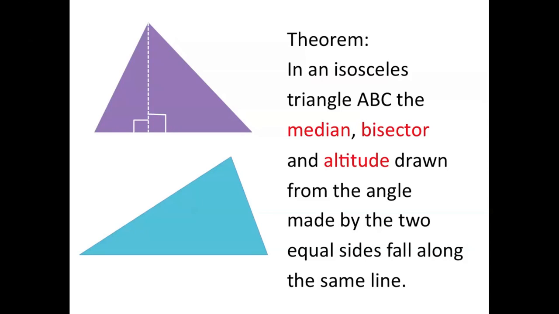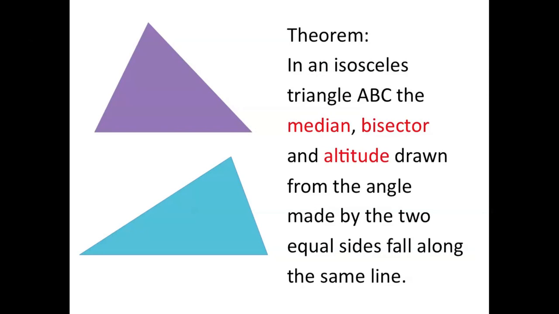Same way, from the bottom vertex of the blue triangle, we draw a perpendicular line from the bottom angle to the opposite side, which will create two right angles. So that's what median, bisector, and altitude are.